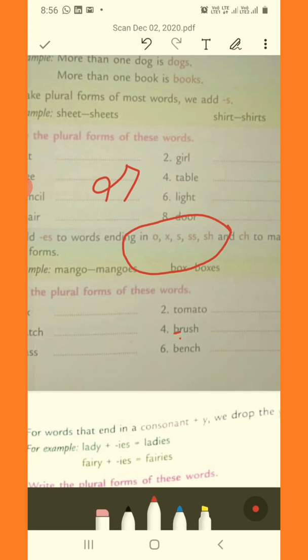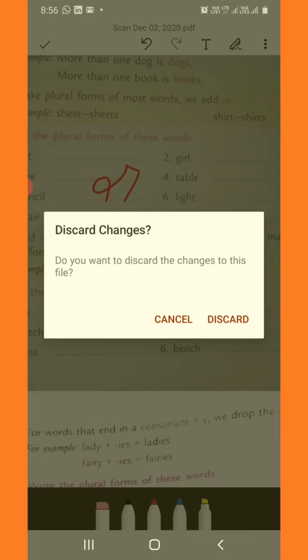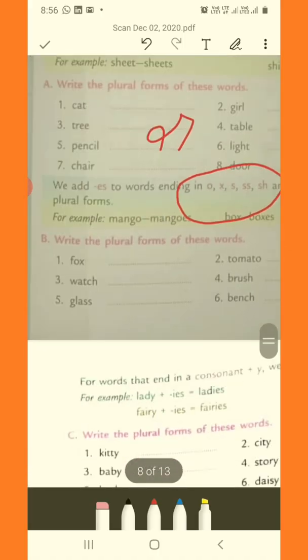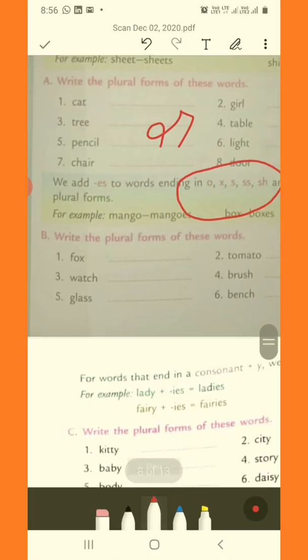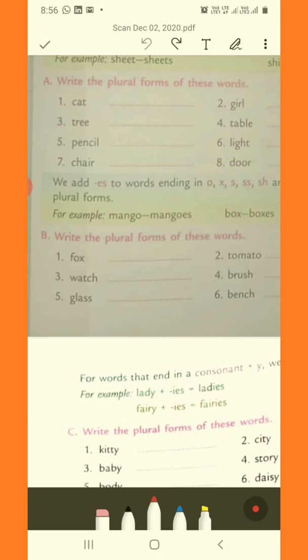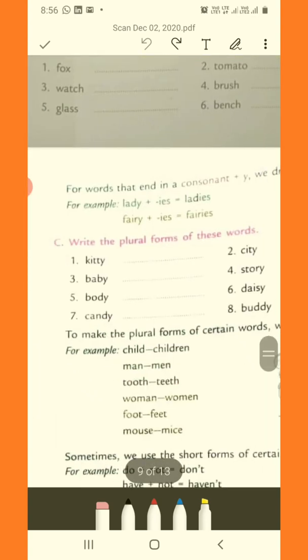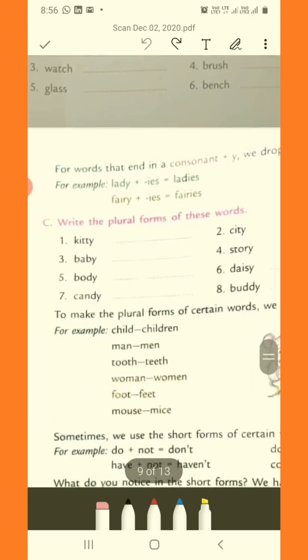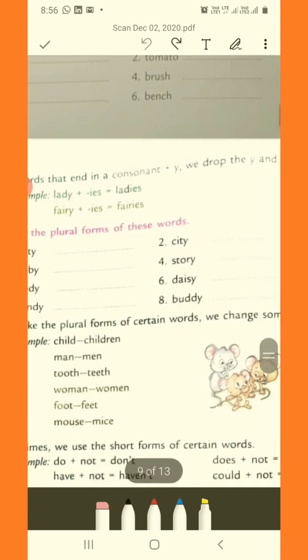In some words you have to add es to make them plural. Which words are these? Like fox. Fox will be foxes. Watch, watches. Bench, benches. Try them on your own. It's simple. I'm not dealing with everything. Exams are coming, so you have to do them on your own. For any help, I'll be available on the Google Meet session.